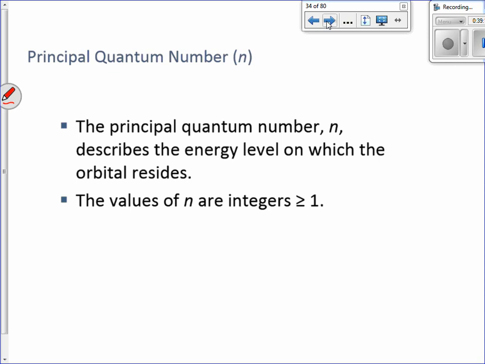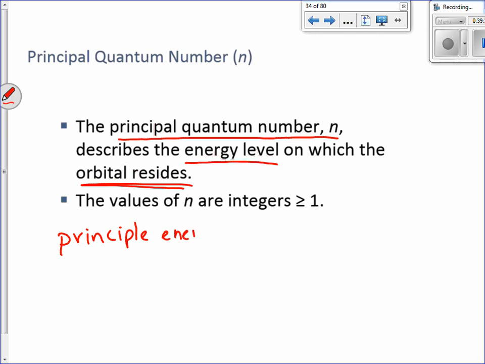Principal quantum number n. Everybody knows quantum number n? When we say principal energy level, we're talking about where the orbital resides. Okay? Principal energy levels, what do you use to figure them out?